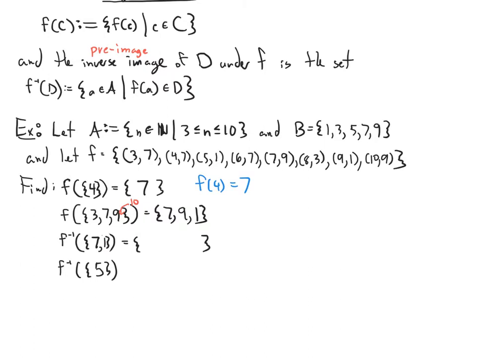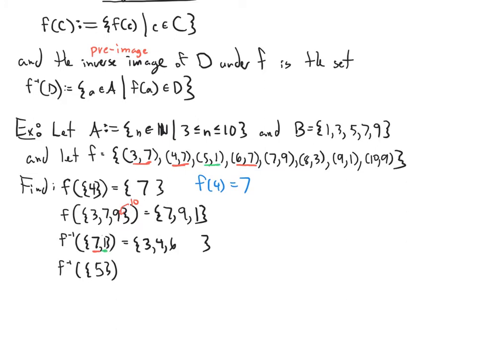Well, f of 3 is 7, so 3 belongs in the set since f of 3 is 7. f of 4 is 7 as well, so 4 goes in here. What else do we have? f of 6 is 7. That goes in as well. So that's all of the elements that are related to 7. Now let's do the elements that are related to 1.